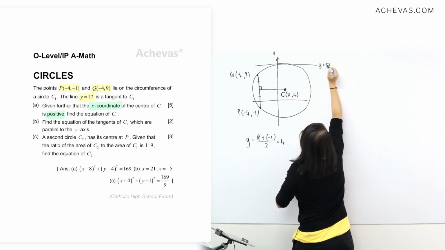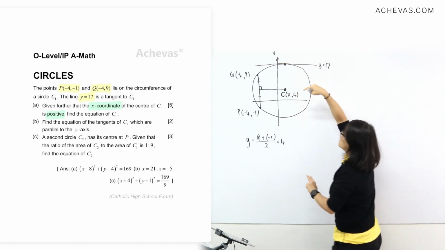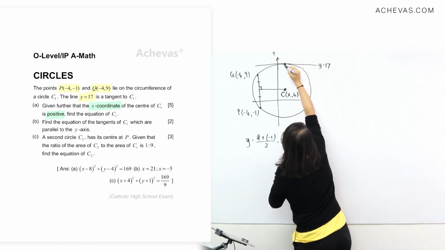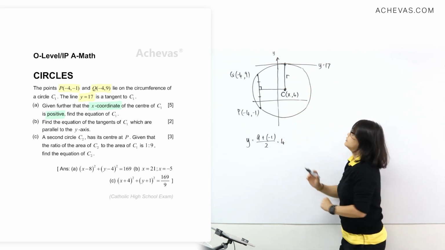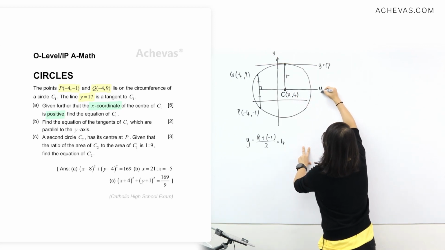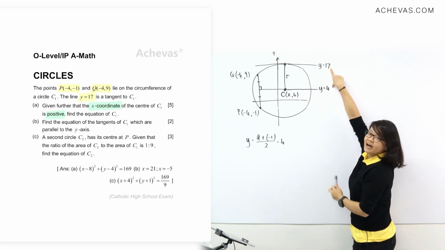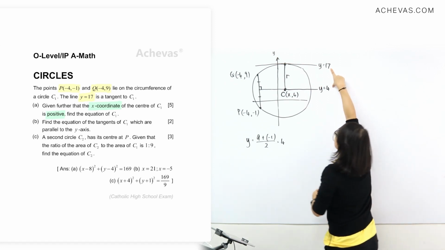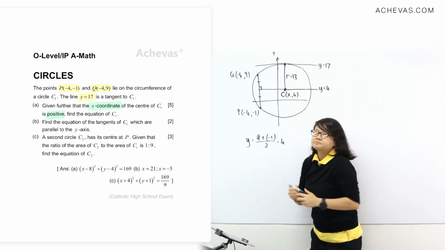So this will be the tangent of the circle, y equals 17. Now the tangent will touch the circle vertically above this center C. So you notice that this line will form the radius of the circle. If I extend this line here and label it, it's going to be y equals 4. Now you can find the distance here: 17 minus 4, the radius is equal to 13.